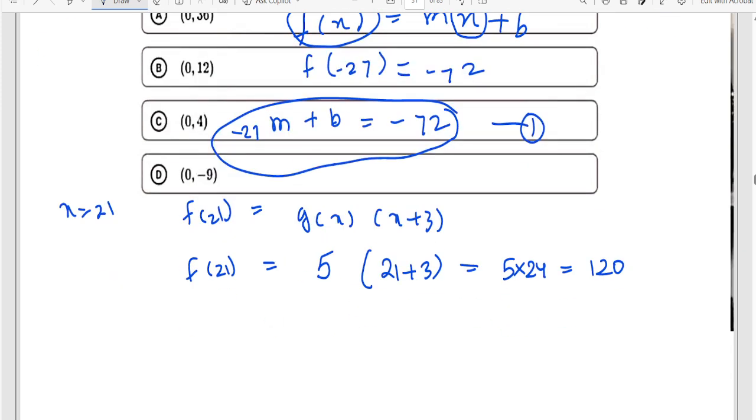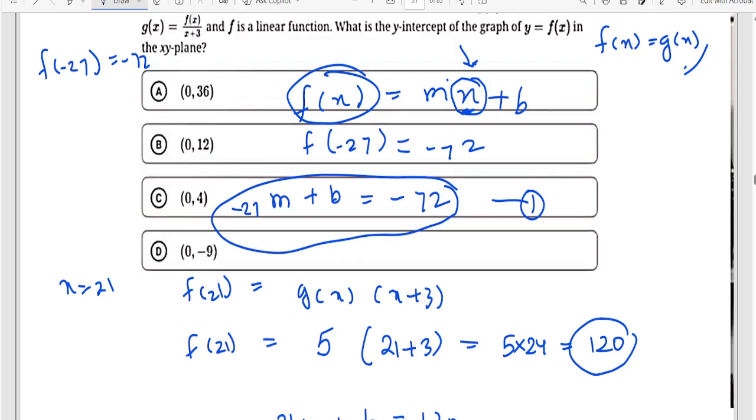Again I plug the same thing into slope intercept form, mx plus b. In place of x, x is 21. So I get 21m plus b is equal to 120, isn't it? Because this is f(x), so in place of f(x) I'm writing 120.